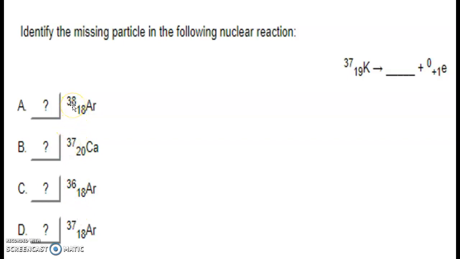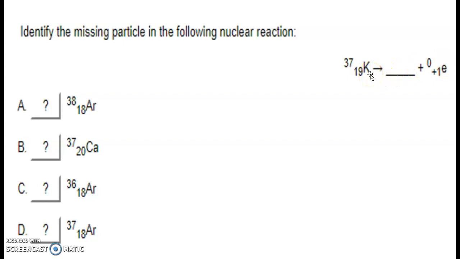Well, A changes, so that means it's not that one. B does not change. C changes, so it's not that one. And D does not change. So the answer is either B or D. Now, we know with a beta particle that you have to add or subtract one proton to get the new number.